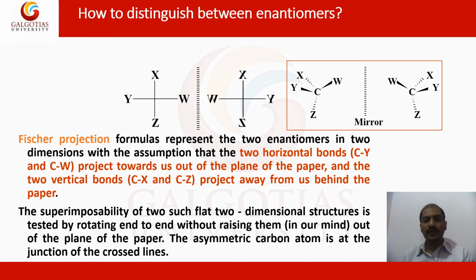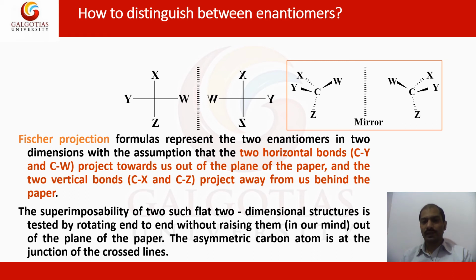Here you can see it could be represented in a line structure this way. Once you put the mirror image, obviously it will look like this. So how can these types of projections be put in the form of a molecule, so that it can be explained on the basis of the concept which we have discussed so far?